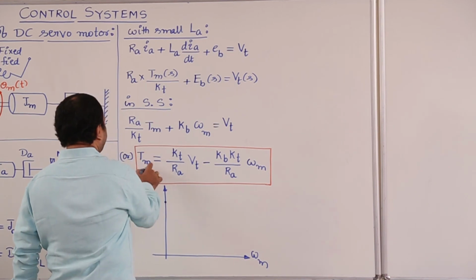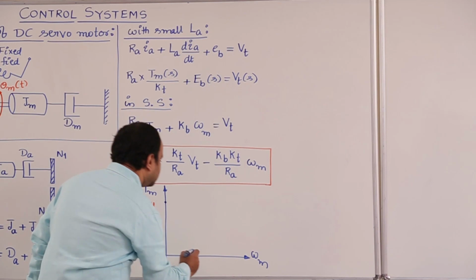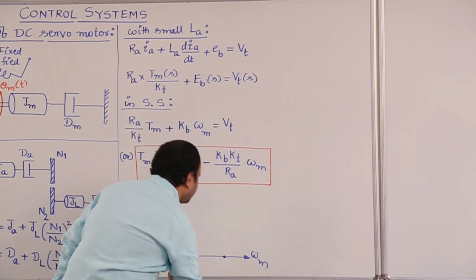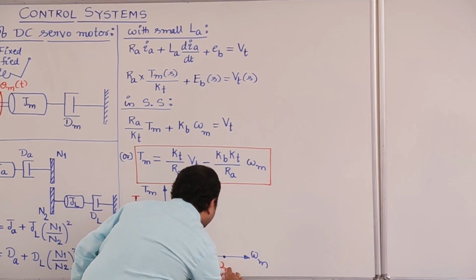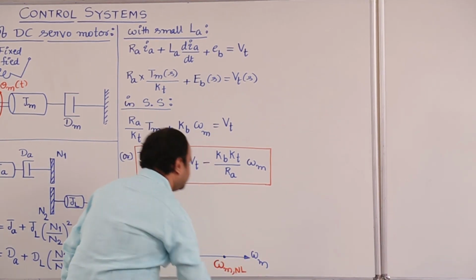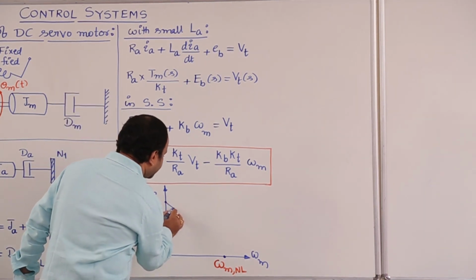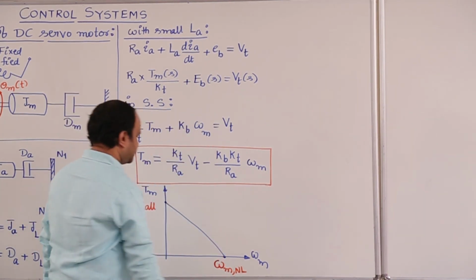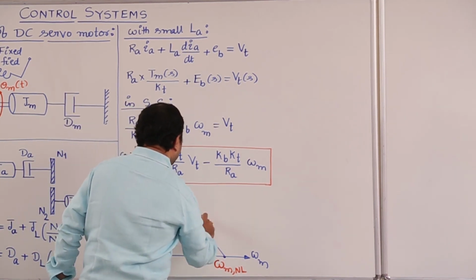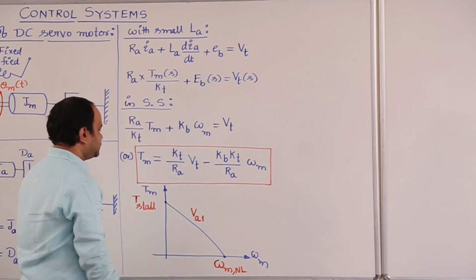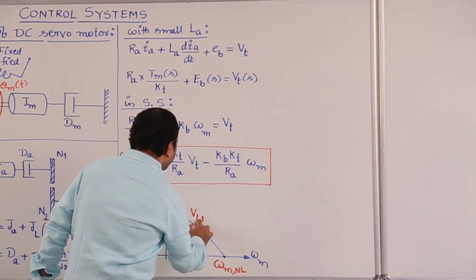When Tm is equal to 0, the corresponding speed will be here, that is omega m no load speed. We can join these 2 points with a straight line. This corresponds to one terminal voltage, let us write Vt1.